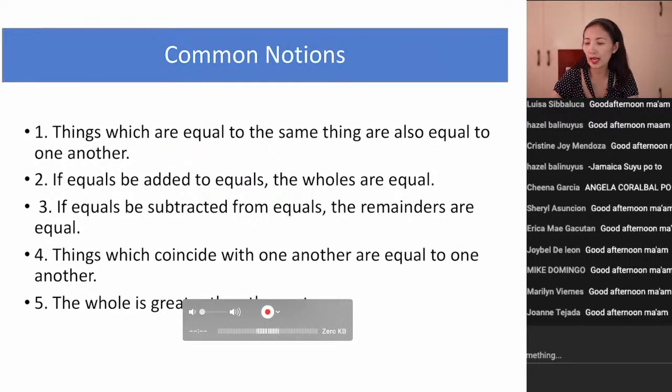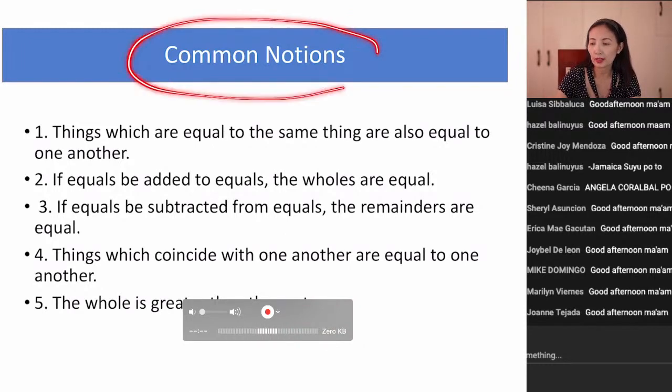If equals be added to equals, the wholes are equal. If equals be subtracted from equals, the remainders are equal. Things which coincide with one another are equal to one another. And number 5, the whole is greater than the part. These are considered common notions.